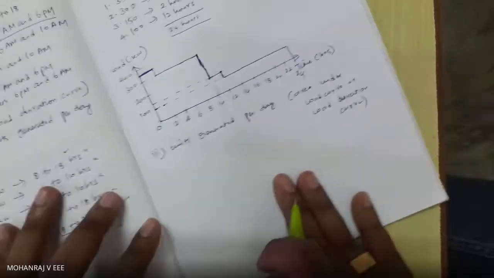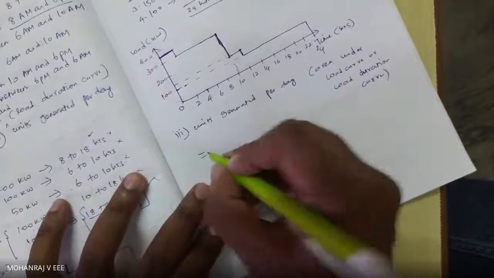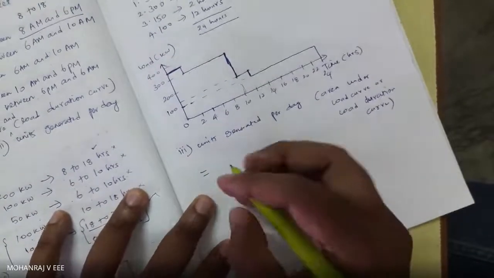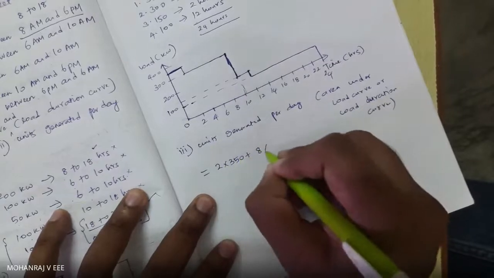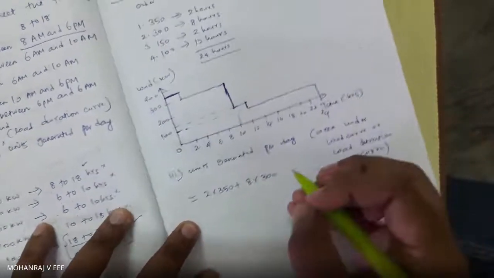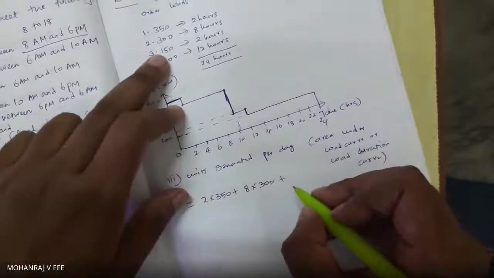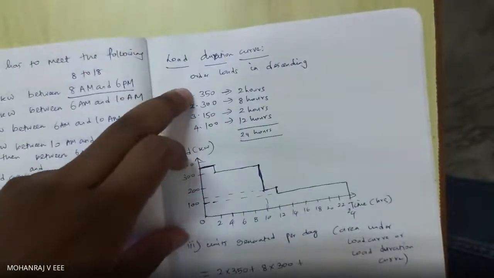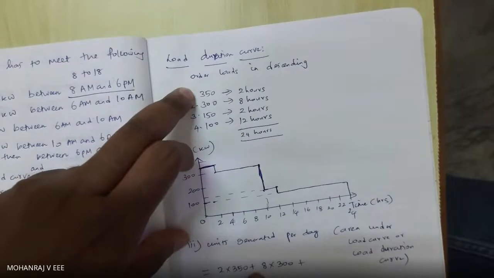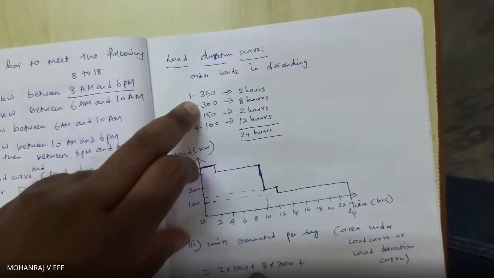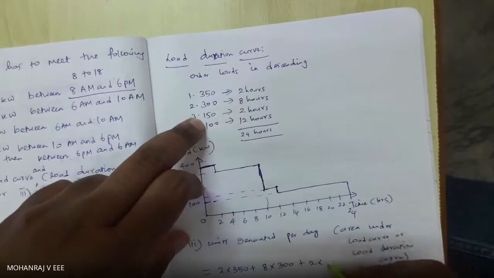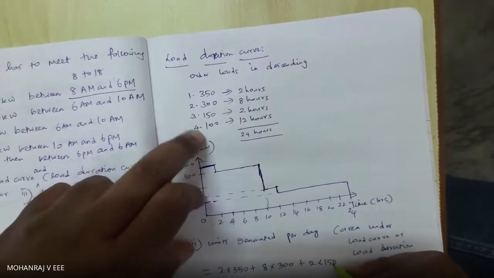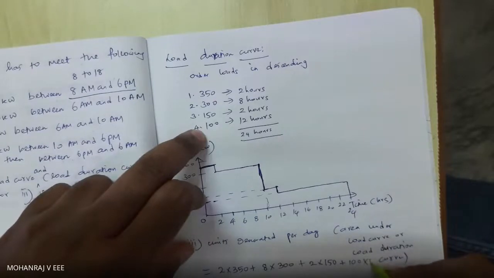So it is 2 into 350 plus 8 into 300 plus 2 into 150 plus 100 into 12.